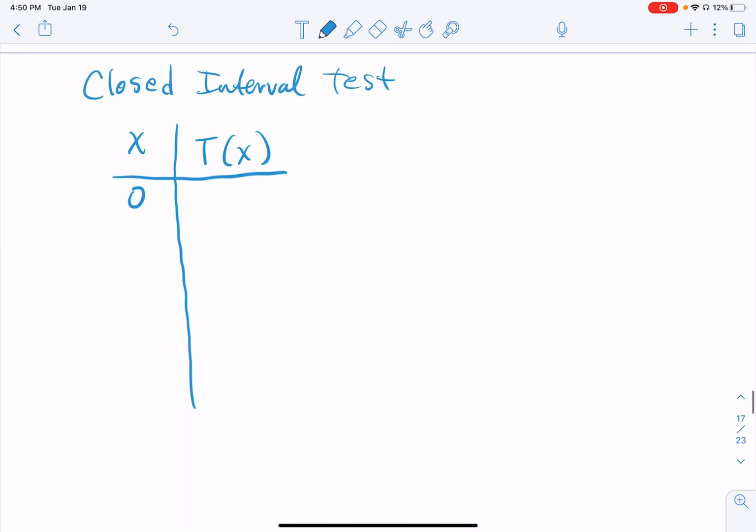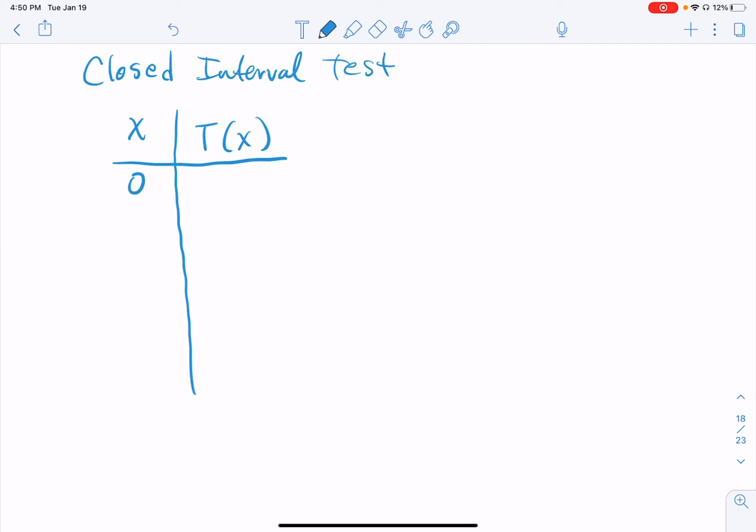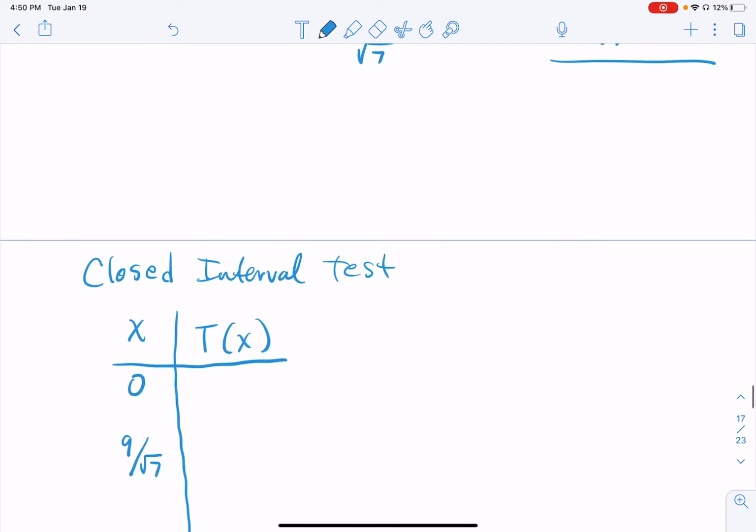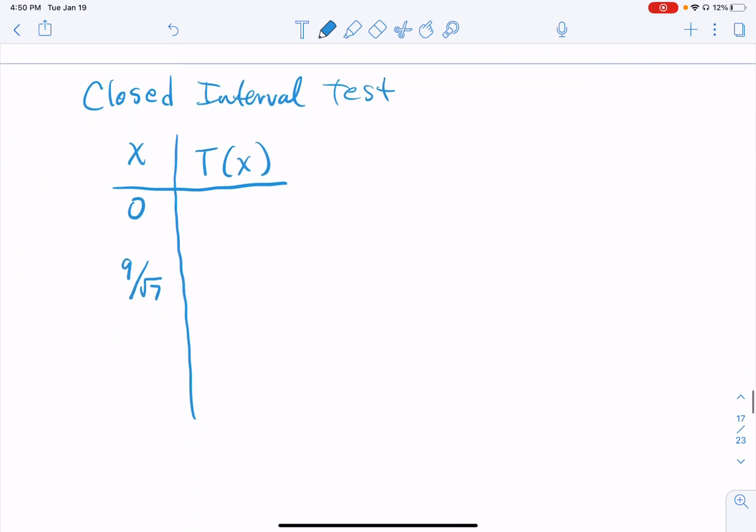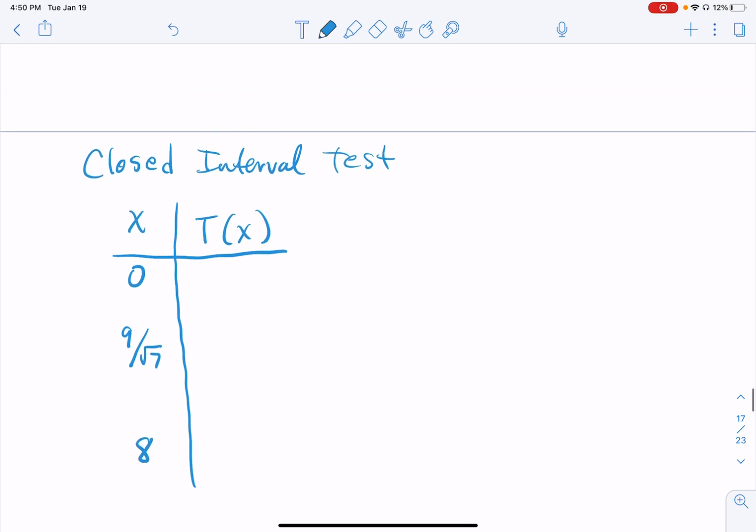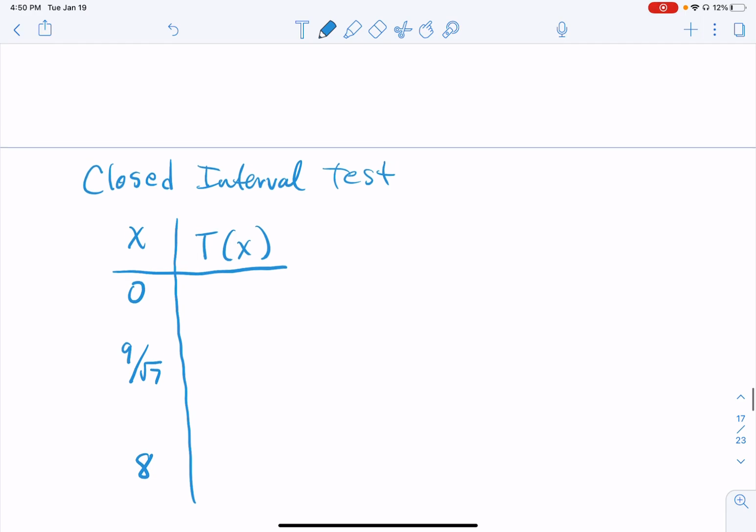0. And then we've got 9 divided by the square root of 7, which was that 3.4-ish thing. And then finally 8. And we want to know what is the time for each one of these things. So what do you do at this point?